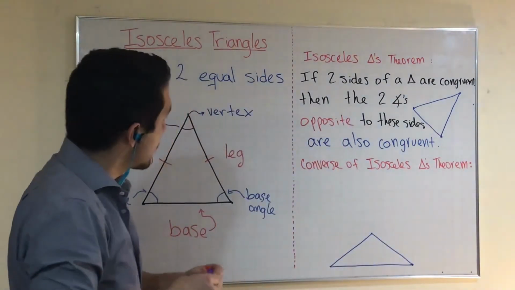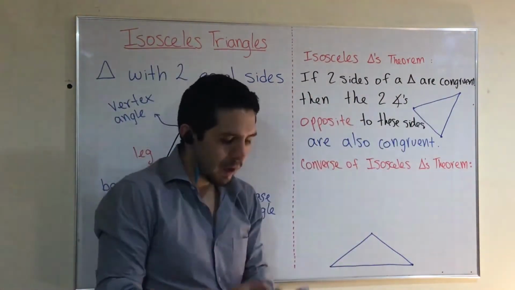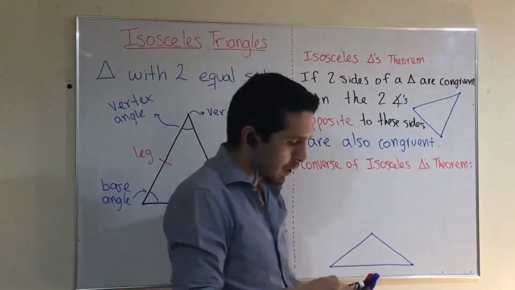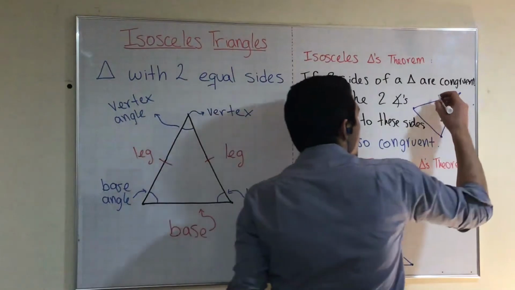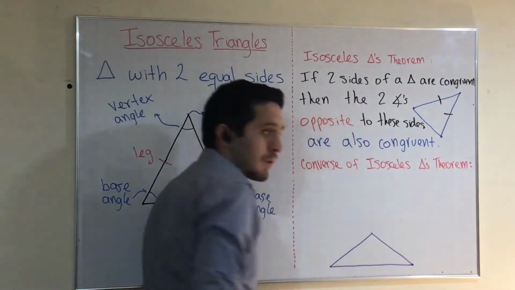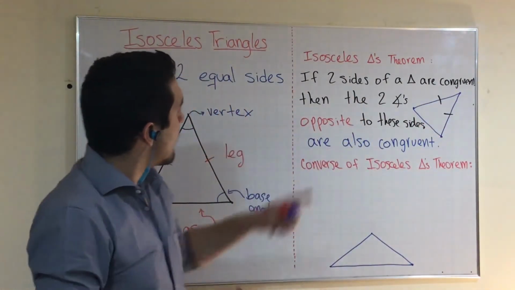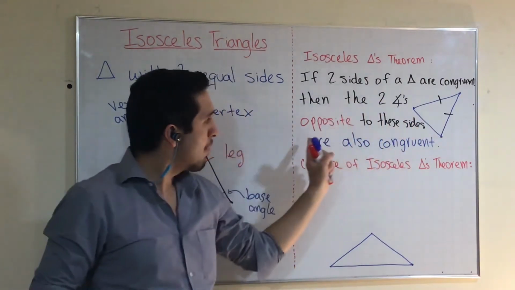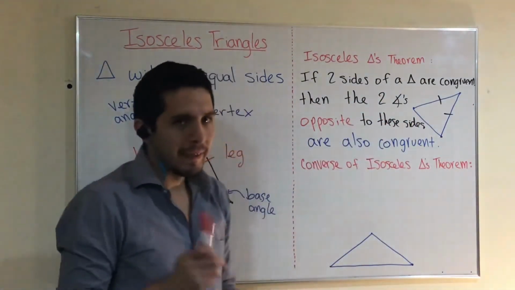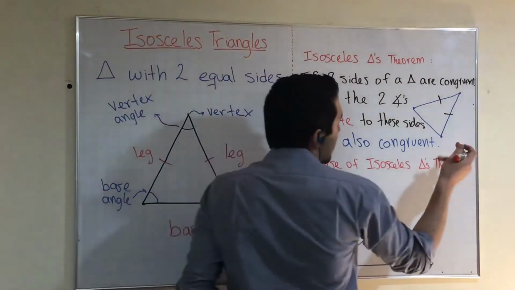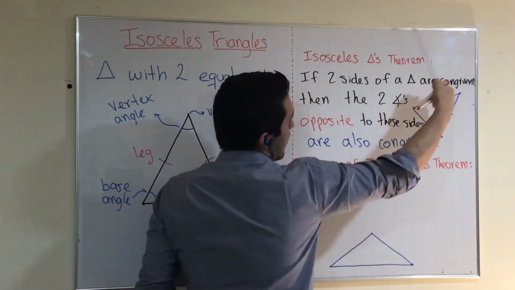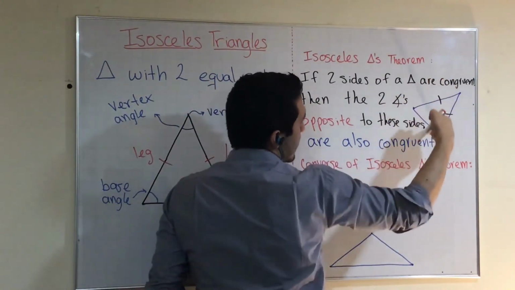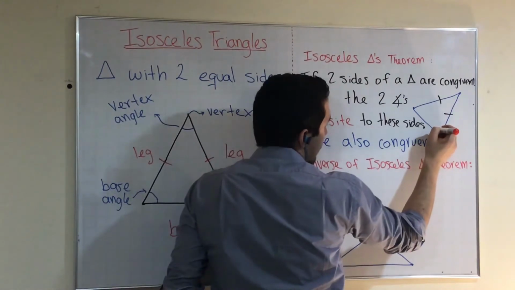Let's take a look at it. If two sides of a triangle are congruent, so here I have a triangle and these two sides of the triangle are congruent, okay? Then the two angles opposite to these sides, let's see who these angles are. This side over here, the opposite angle is this one over here.